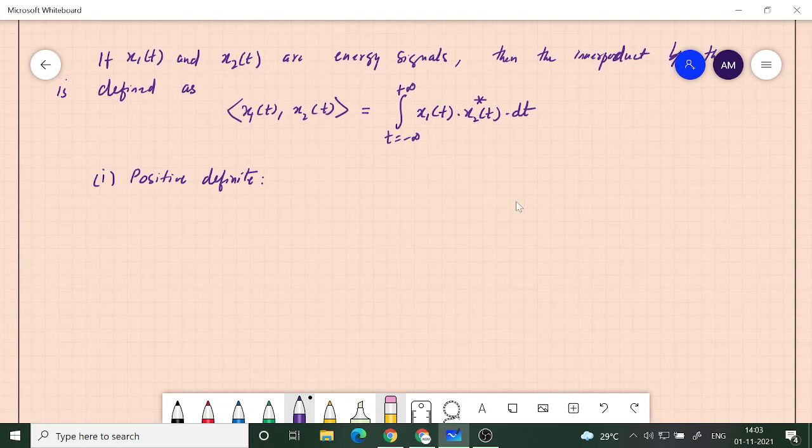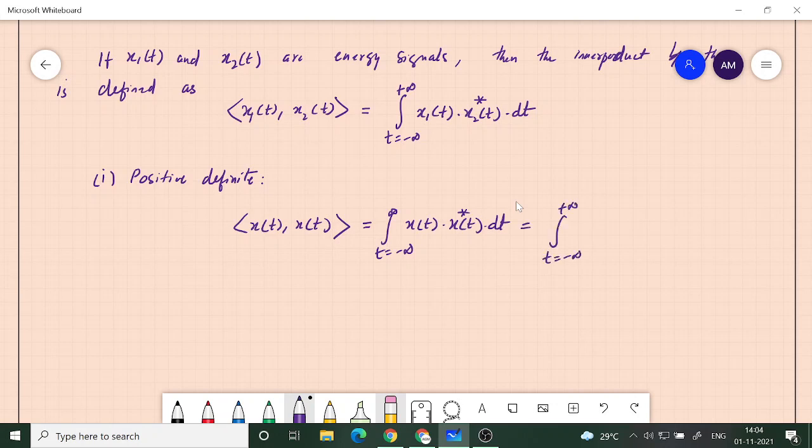If you take the inner product of a signal with itself, that is x of t with x of t, by definition we get the integral of x of t into the complex conjugate of x of t dt, which is the integral from minus infinity to plus infinity of modulus x of t squared dt. This is always positive, because the modulus is a real valued positive number, and after squaring it we continue to have it positive.